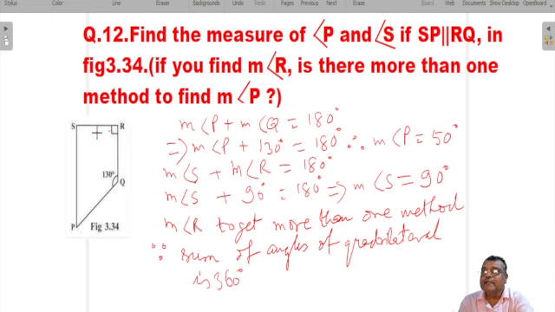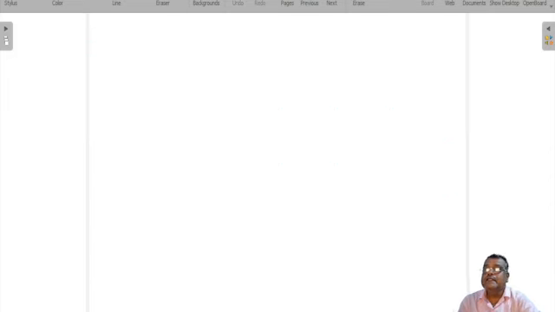Using this angle plus this angle plus this angle plus this angle equal to 360 degree, this method can be used to get measure of angle R. So it is possible. Let us see.